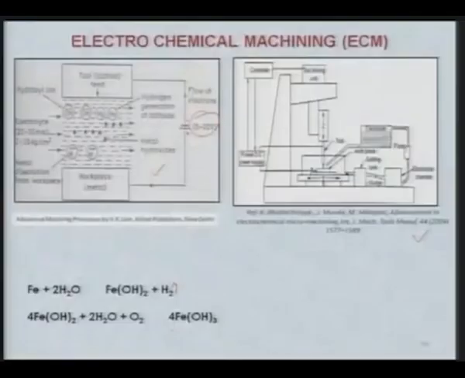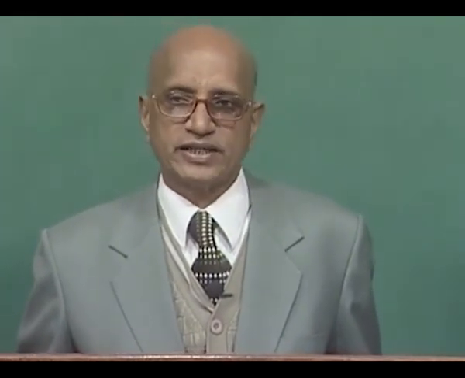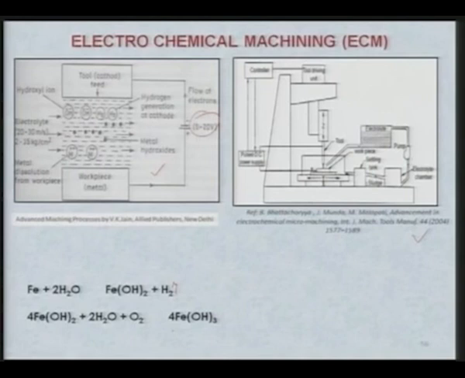Ferrous or ferric is decided by the valency at which the anode material is dissolving, because iron can dissolve at more than one valency, either 2 or 3. That is why you get ferrous hydroxide or ferric hydroxide, which we have already discussed in case of macro machining. So, you have to scale down the machining parameters, and reduce the size of the tool depending upon what you want in the workpiece.